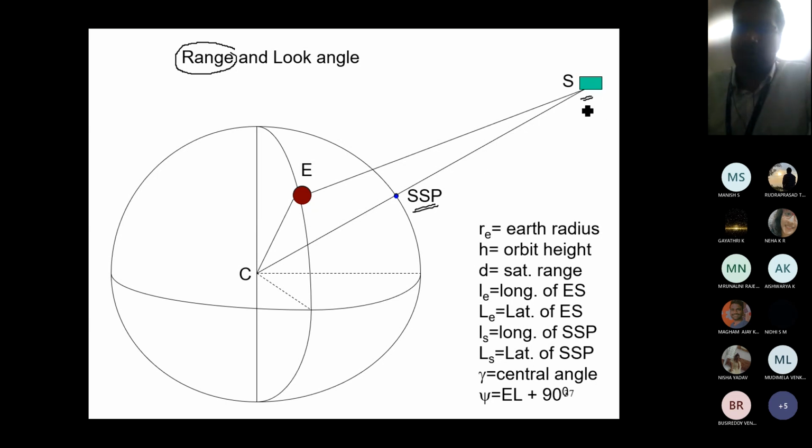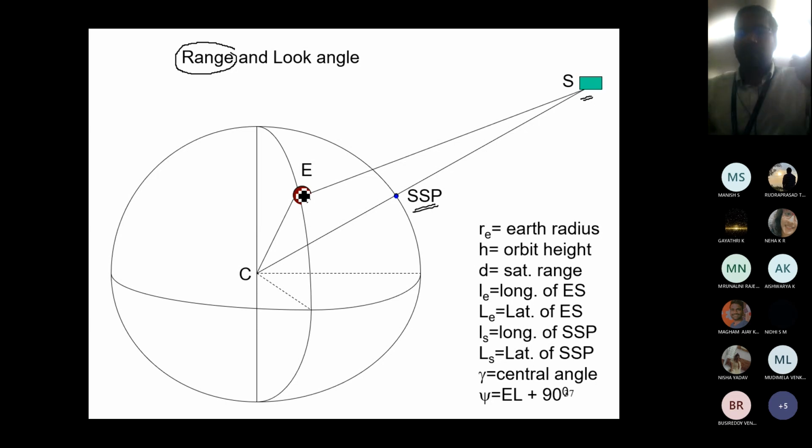No, that is wrong, because we know that if the satellite is a geostationary satellite, then by default the distance from the SSP, or sub-satellite point, to the satellite is 36,000 kilometers. Because it is already prefixed, there is no need to find out this distance. The range means the distance the satellite is located from the ground station.